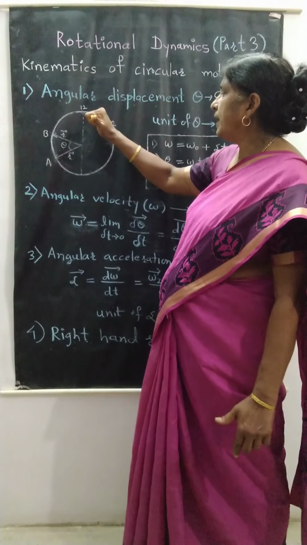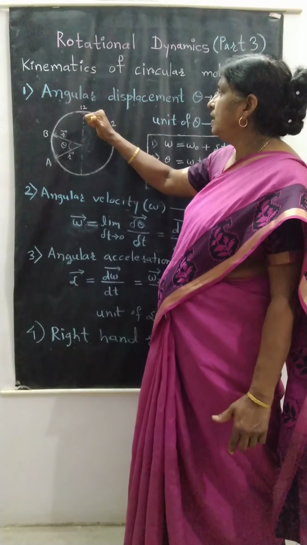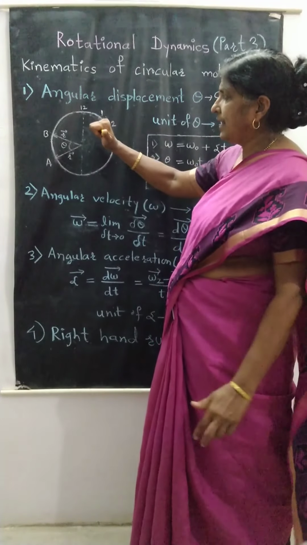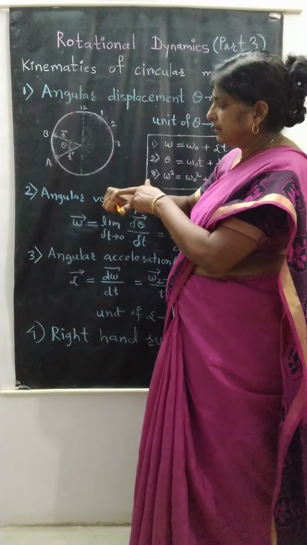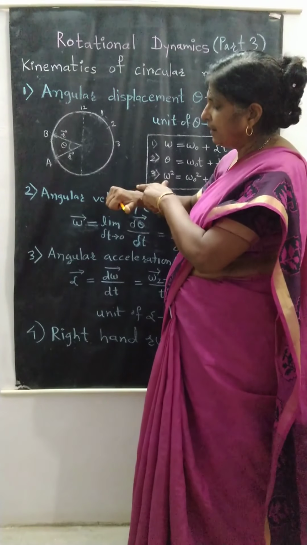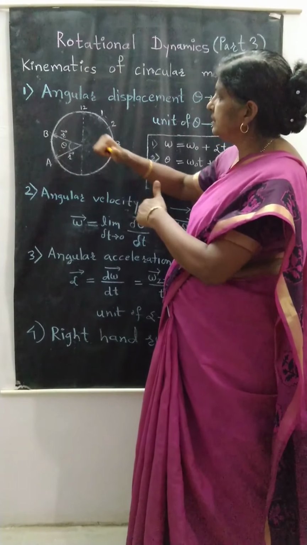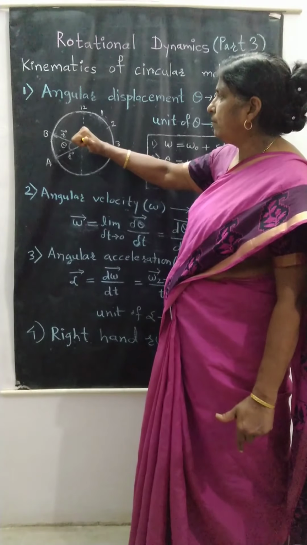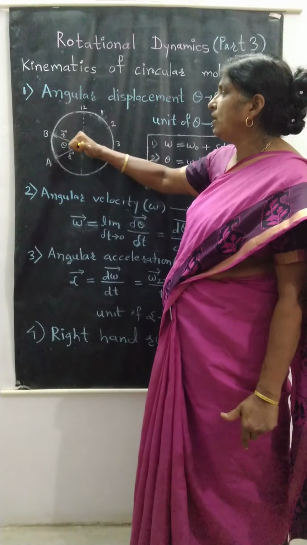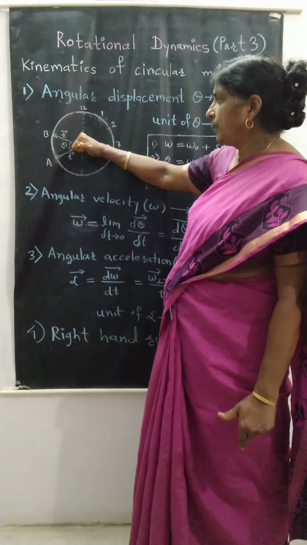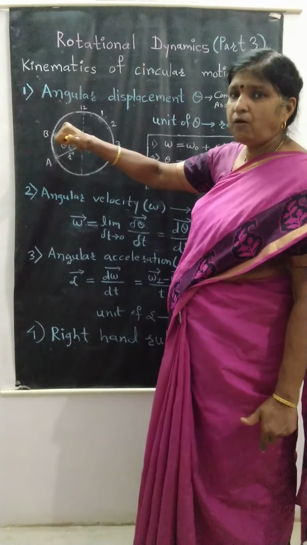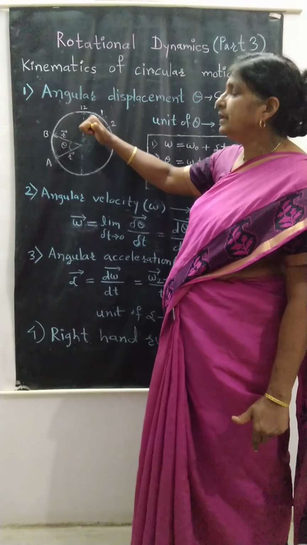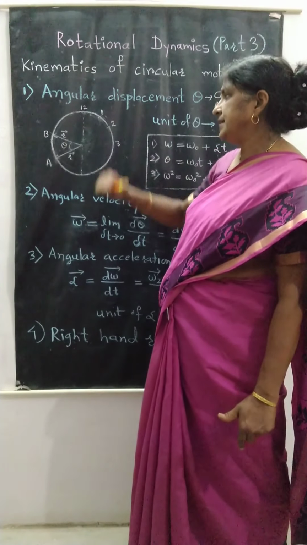Suppose the particle is performing circular motion in anti-clockwise direction like this. The fingers are curled in the sense of rotation, and the outstretched thumb will show the direction of the angular velocity. Here the direction of angular velocity is towards you when the particle is moving in anti-clockwise sense.